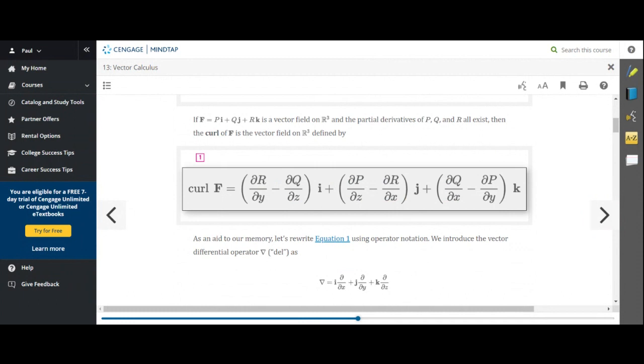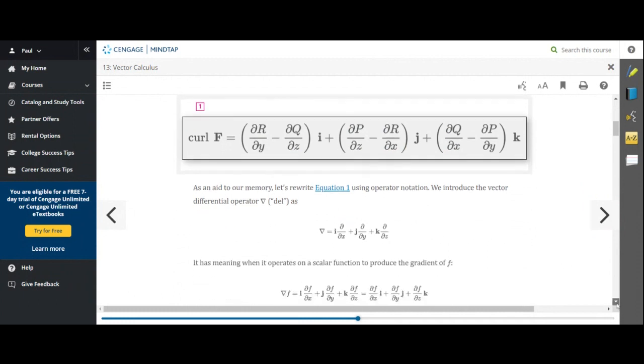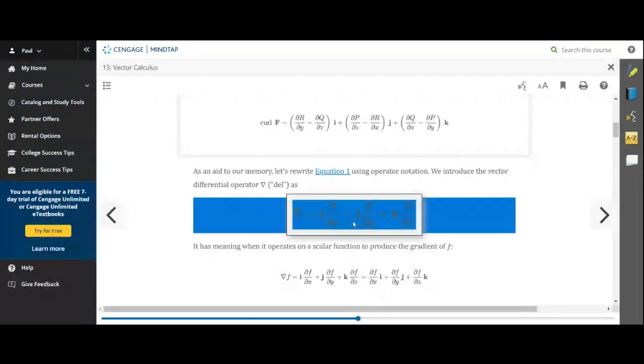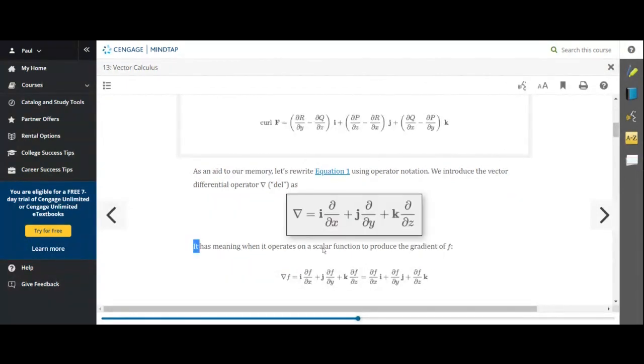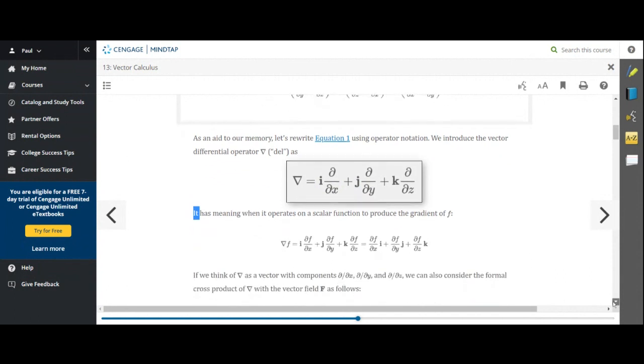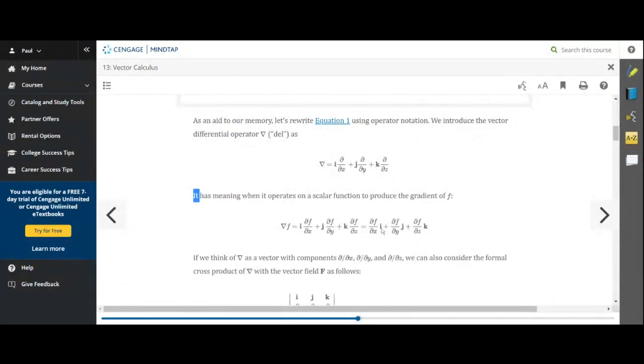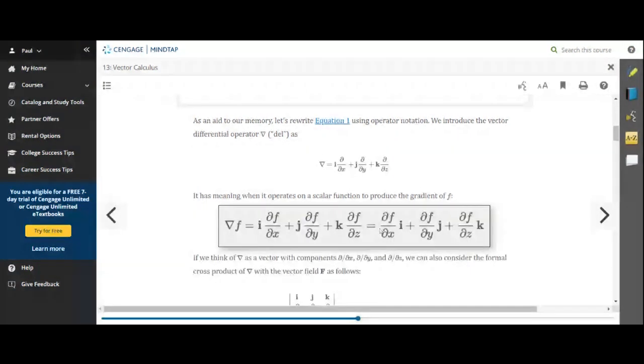So what they do is they say, okay, well, let's go ahead and define what's called a del operator. Okay, a del operator. And the del operator operates on a scalar function to produce a gradient. So it's an operator.